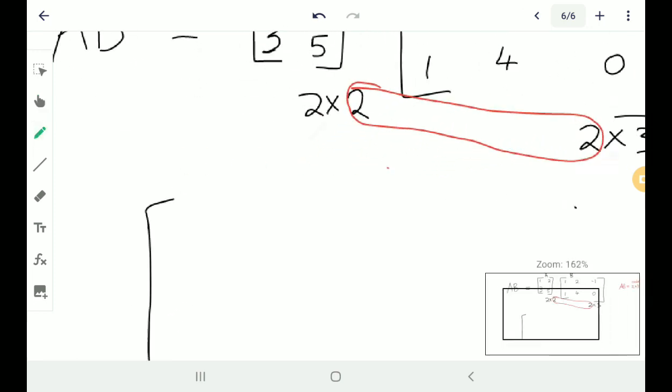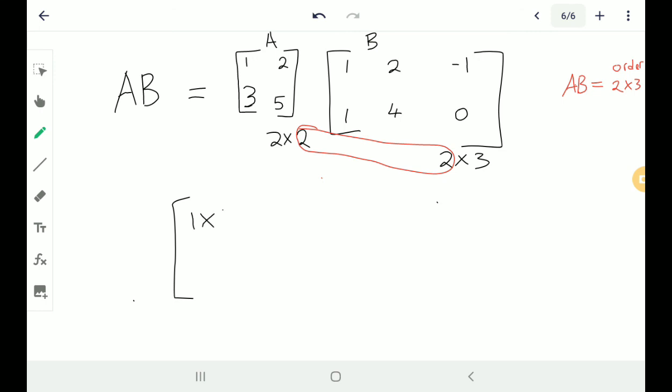So it will be 1 times 1 plus 2 times 1. And then we go for the first row times the second column now, which is 1 times 2 plus 2 times 4. And then the same row we're going to multiply by the third column. So that would be 1 times negative 1 plus 2 times 0.